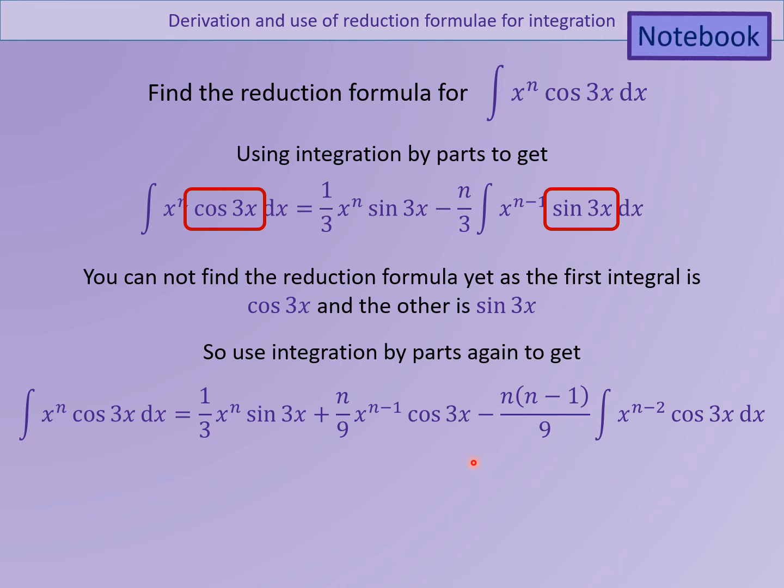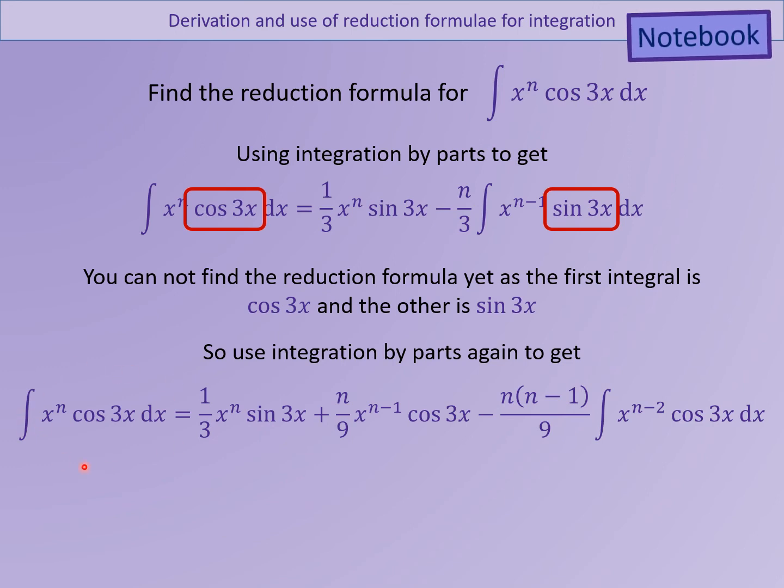Now at this stage, I can look at it and say, well, there's my original integral, x to the n cos 3x. And now I've got the other integral on the other side, which is really, really similar. Both cosines, both cos 3x. But this bit is 2 less than that one. So hopefully you can guess what's going to happen.